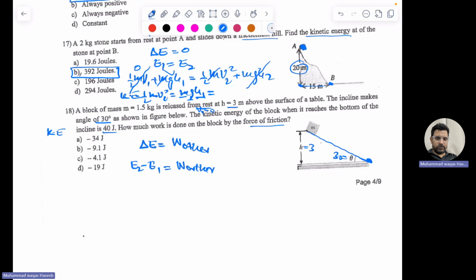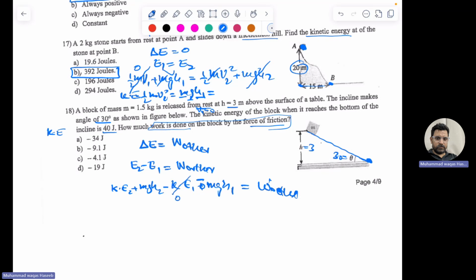So you have E2, which is kinetic energy at 2 plus potential energy at 2, minus kinetic energy at 1 minus potential energy at 1, which is work other. So this is the work done by the friction force we are calculating here.